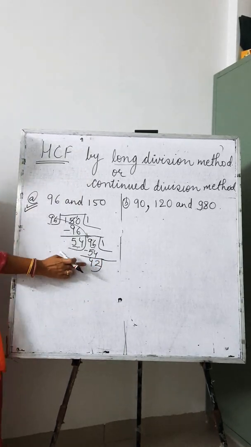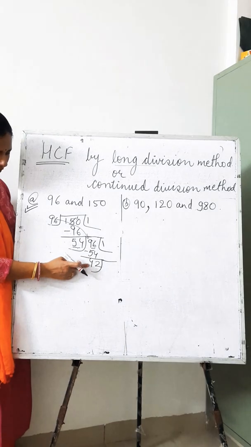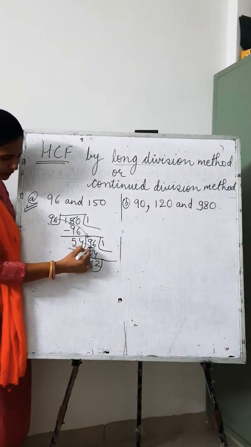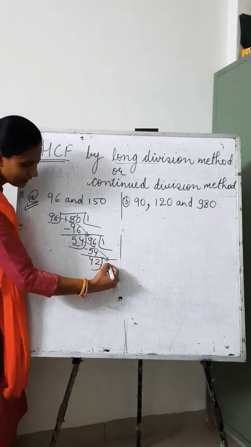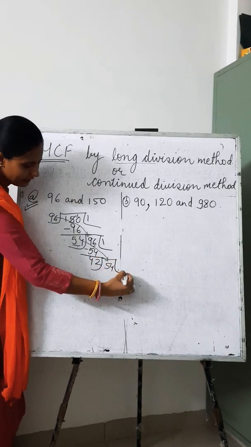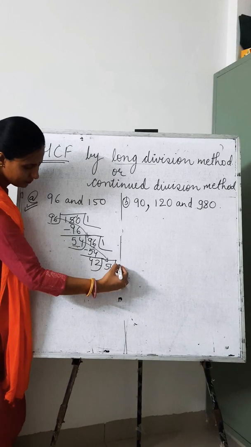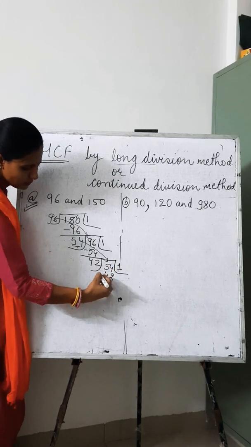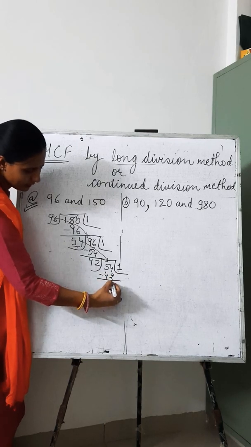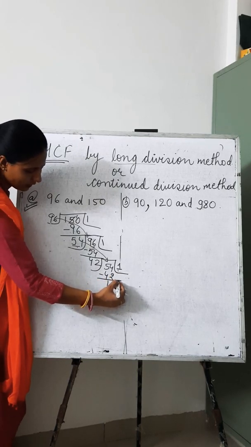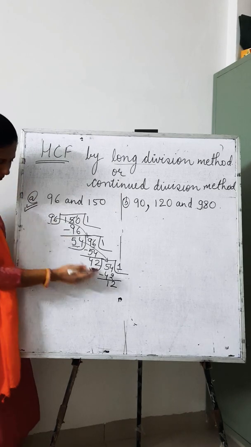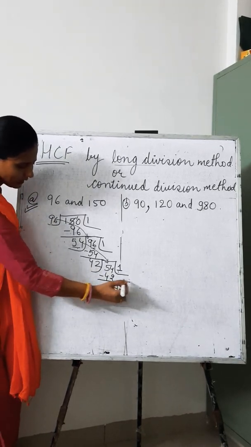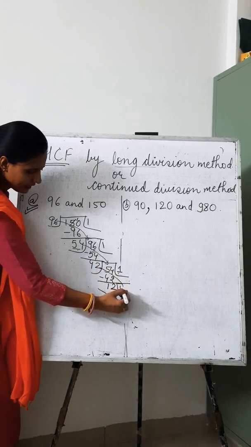Because 42 is smaller than this 54, this 54 will again act as a dividend, and you can start your division process. 42 ones are 42, and subtract it, you will get 12. Now here again I got a smaller number than this divisor. That's why this divisor will come here and act as a dividend.